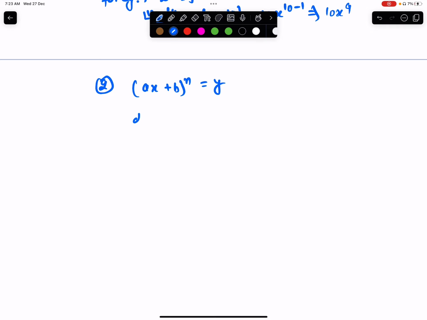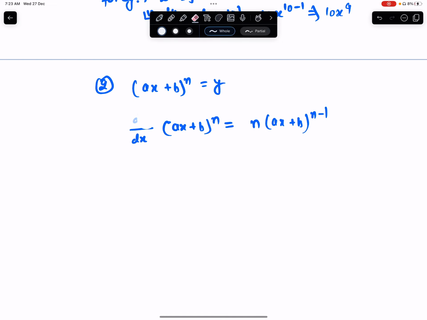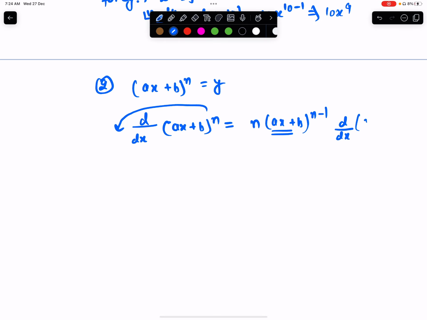So dy by dx of (ax plus b) raised to the power n equals n times (ax plus b) raised to the power n minus 1. We take n here, reduce the power by 1, and now we will differentiate this also, d by dx of (ax plus b). This is also known as the chain rule.